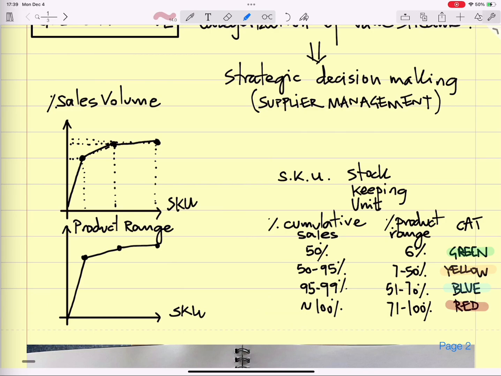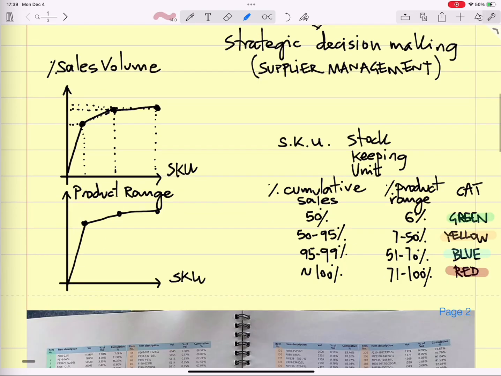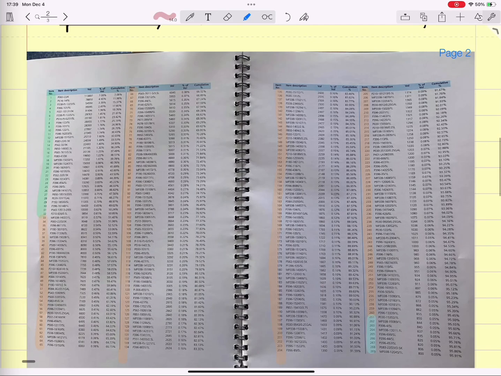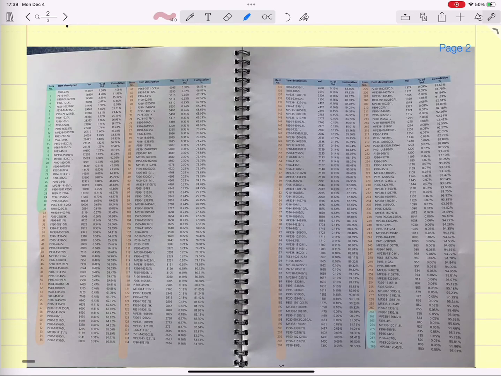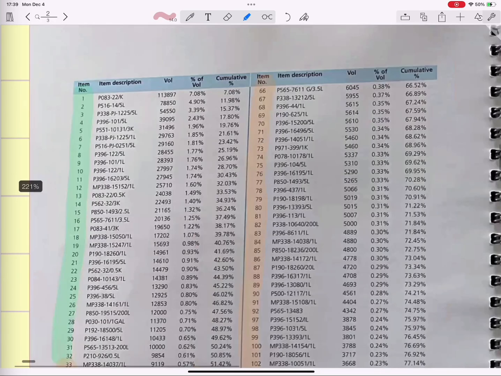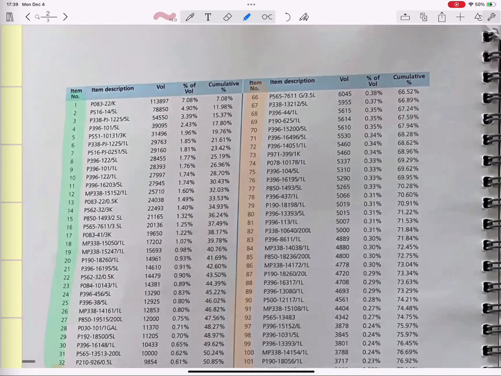So I have made here a list. Okay, this is from one book. The stock keeping units are ordered here 1, 2, 3, 4, 5, 6, 7, 8. Okay, so this is the product range.